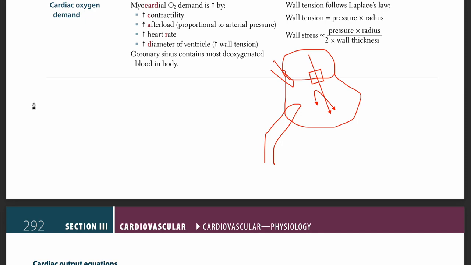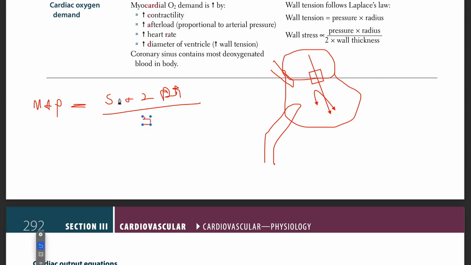So, MAP equals systolic plus 2 diastolic, and it's all divided by 3, because there are 3 values, right?